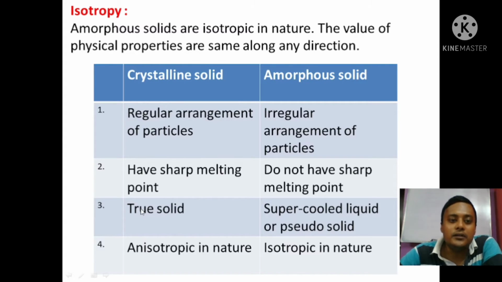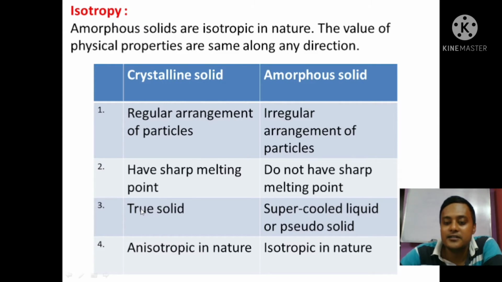Next we have to learn the difference between crystalline solid and amorphous solid. Crystalline solids have a regular arrangement of particles, amorphous solids an irregular arrangement. Crystalline solids have a sharp melting point. Sharp melting point means at a particular temperature the whole substance gets melted. But amorphous solids have a range of melting point.